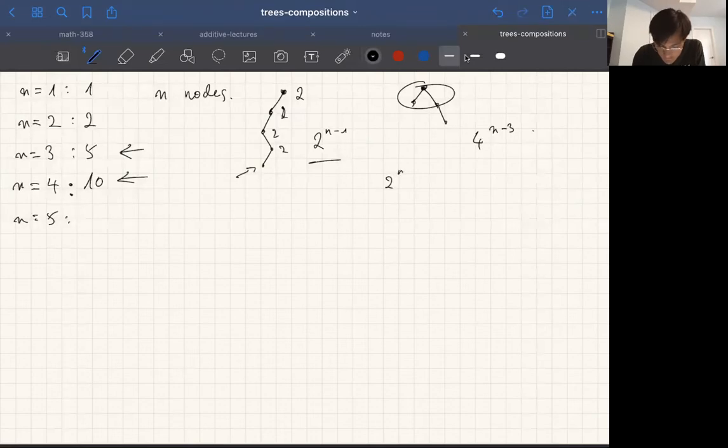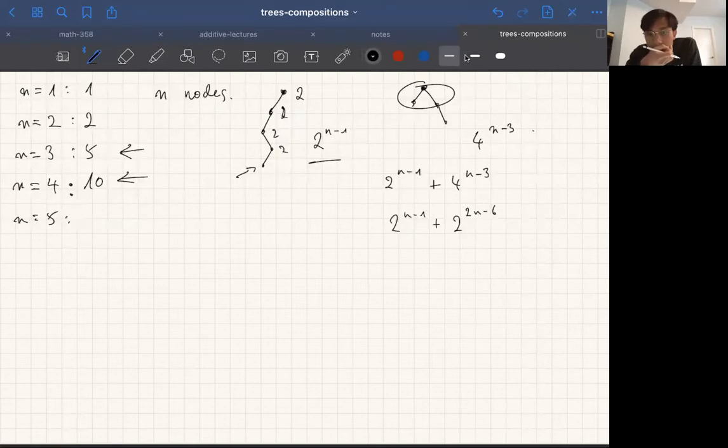Okay, so 2 to the n minus 1 plus 4 to the n minus 3. This is 2 to the n minus 1 plus 2 to the 2n minus 6, I think.